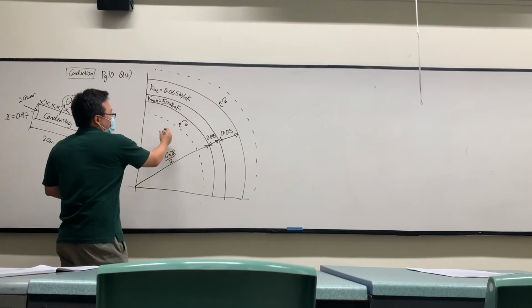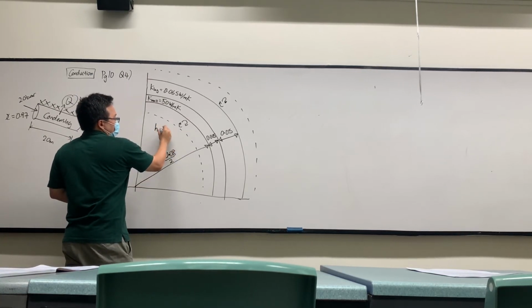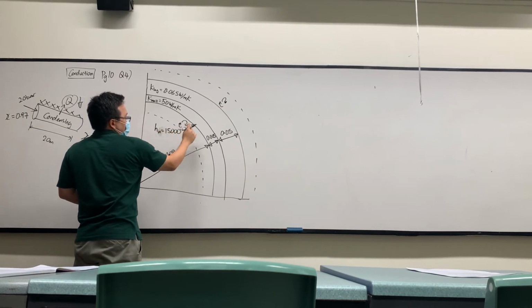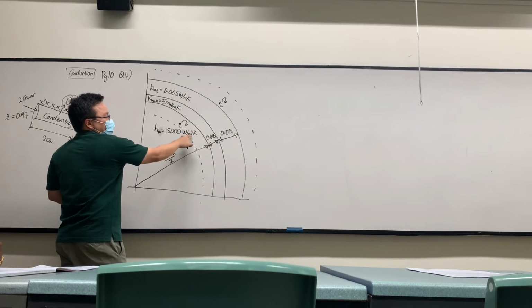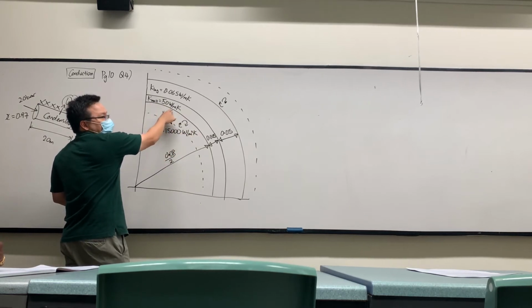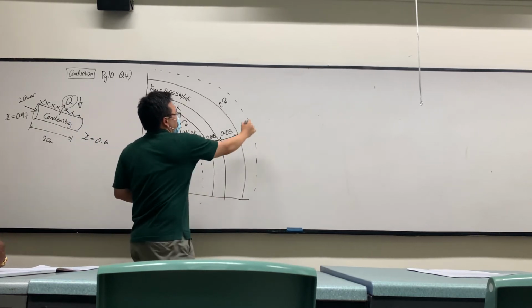So in this case, your H inside is 15,000, am I right? Take note of the unit here is per meter square. For K it is per meter, and here is H outside.